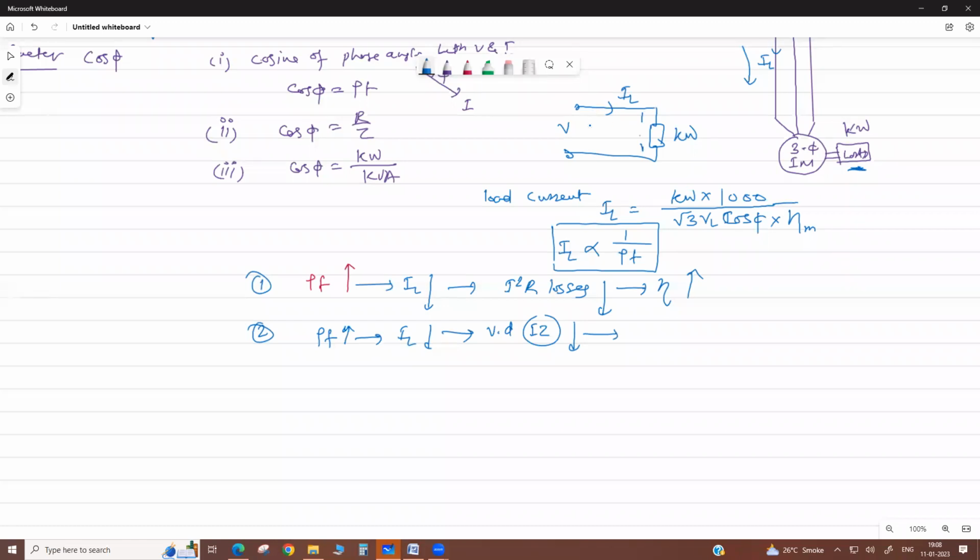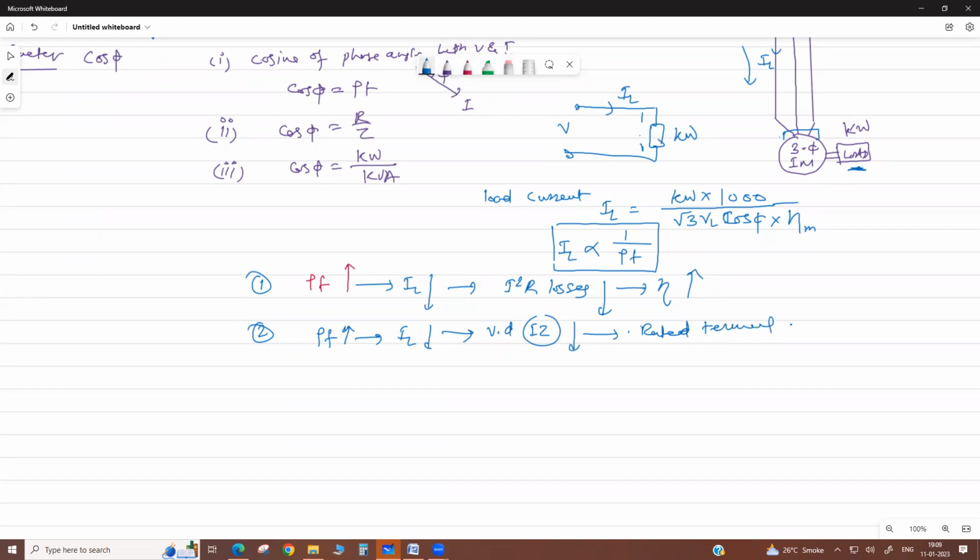Due to the circuit and cable resistance, the motor terminal voltage should be good, meaning we get rated voltage. If power factor is increased, then the load current IL will be decreased, then the voltage drop is decreased, meaning we get rated terminal voltage at the motor terminal.